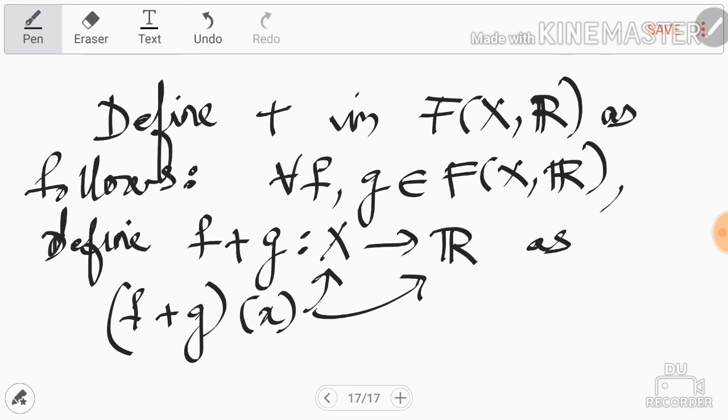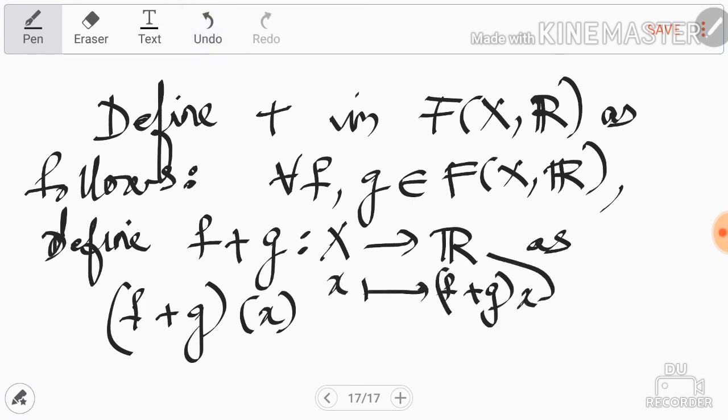So f plus g, so x is over here, and (f plus g)(x) has to be a real number.